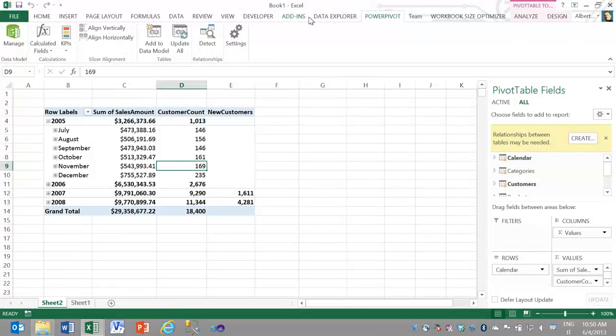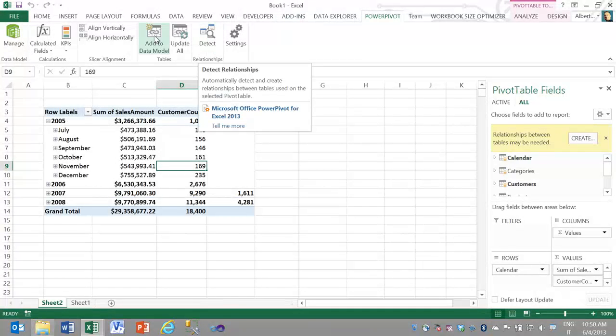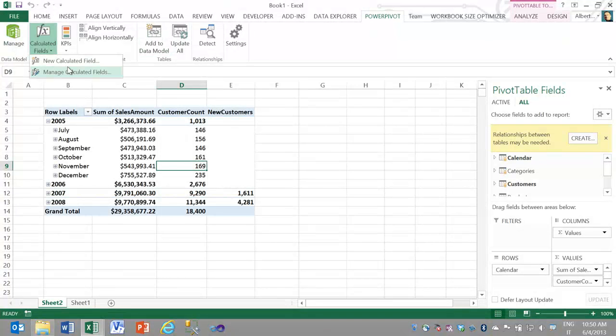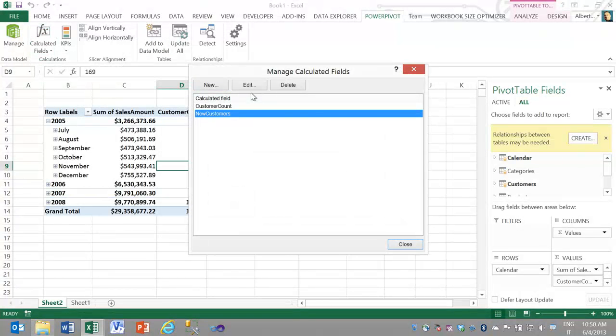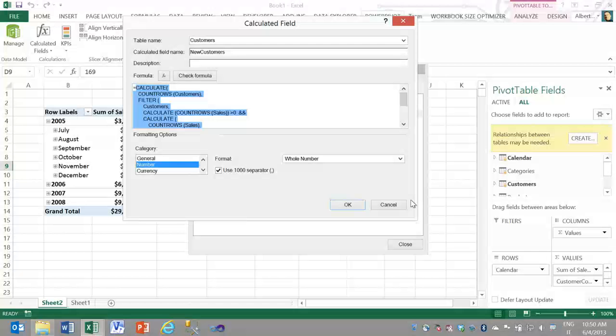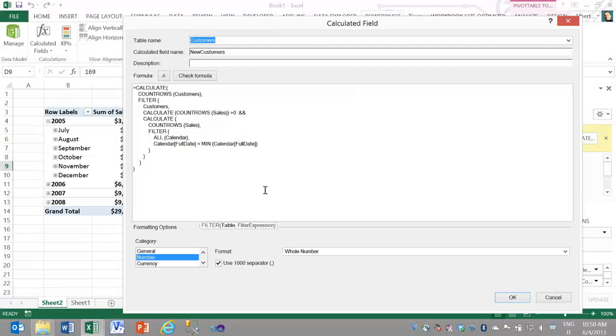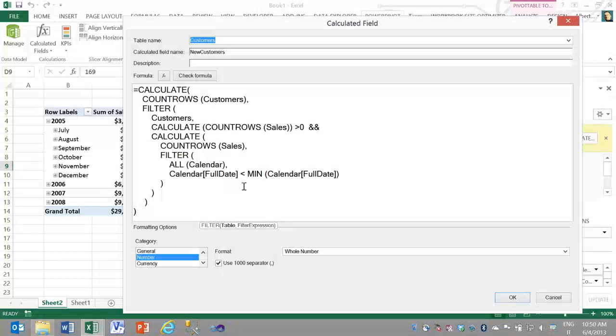Oh, I used min, max, I don't remember. New customers, edit. Calendar full date. All right, equal to 0. I forgot to say that all these calculations, calculate, count rows, sales, and so on, should be equal to 0.